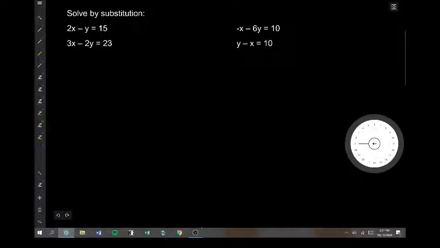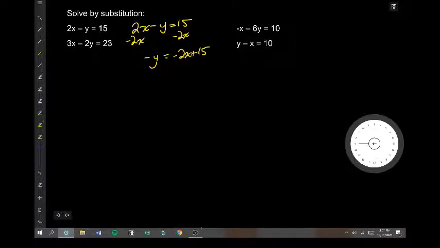I have the equation 2x minus y equals 15. I start by subtracting 2x from both sides, which gives me negative y equals negative 2x plus 15. You don't have to put that negative 2x in front, but I think it is more familiar if you do. But do not lose sight of this negative. Now, we don't care what negative y is.